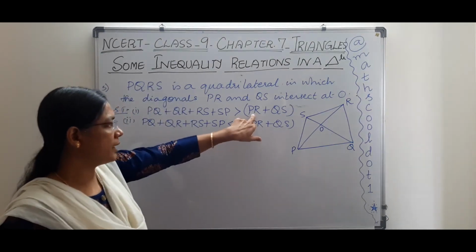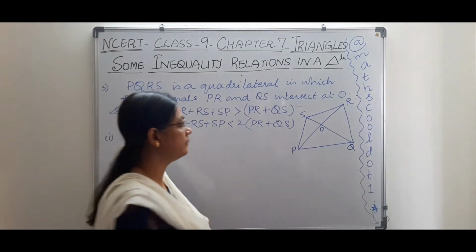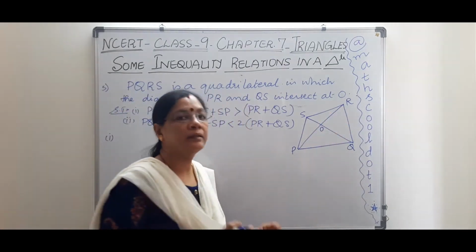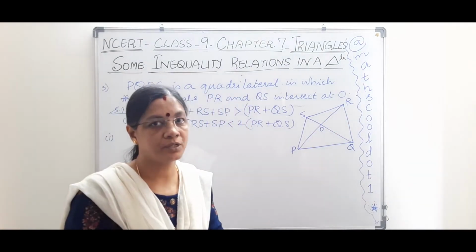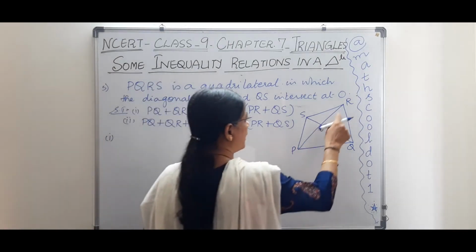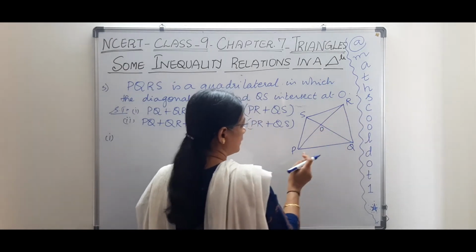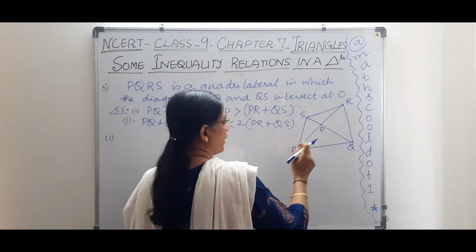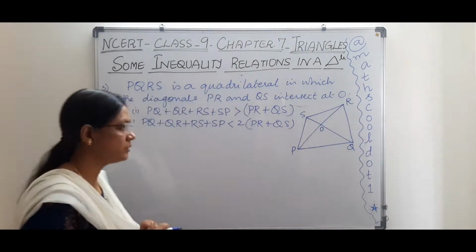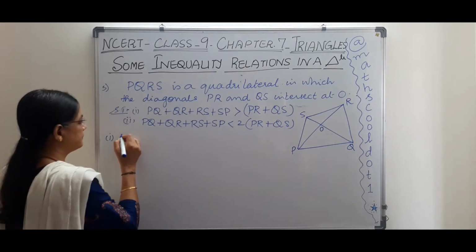First we take PR, the first diagonal, and the triangles associated with that diagonal. PR is the diagonal, so the triangles associated with it are triangle PQR and triangle PSR. Okay, so we take those two triangles.